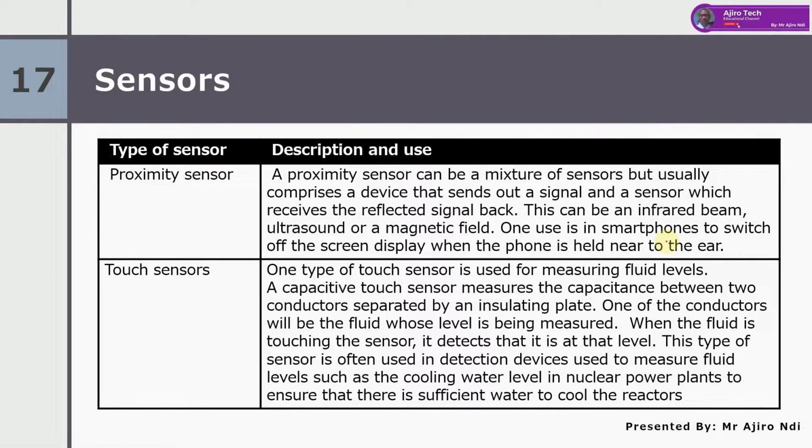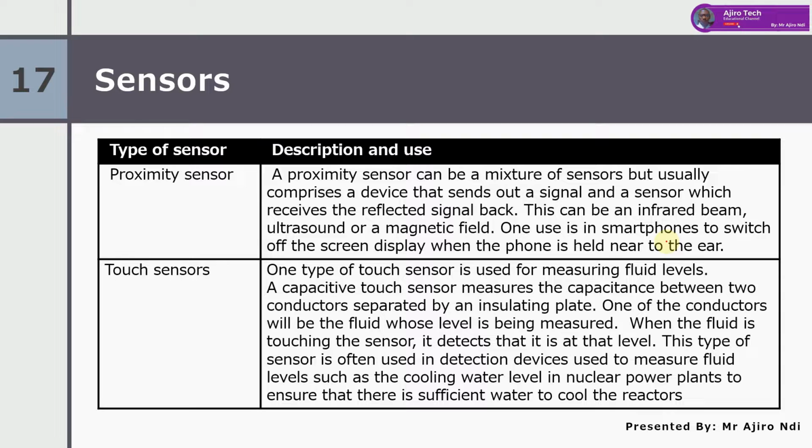Proximity sensor. One way to explain the proximity sensor is that it is a mixture of sensors that usually comprises a device that sends out a signal and a sensor which receives the reflected signal back. This is done with infrared beams, ultrasound, or magnetic field.